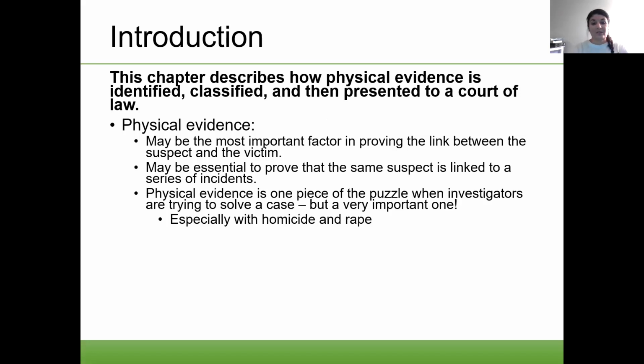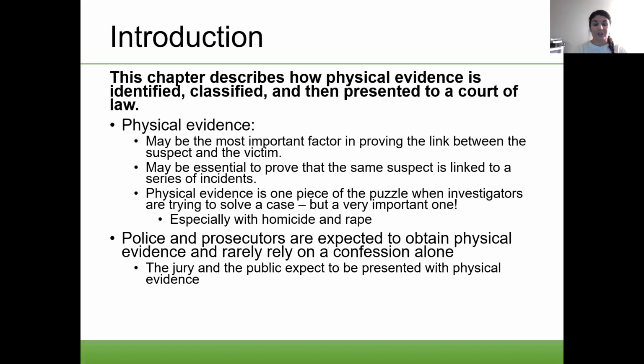But physical evidence is just one piece of the puzzle when investigators are trying to solve a case, but it is a very important one, especially with homicide and rape. And there's a lot of physical evidence that they could get that would be very productive and helpful towards their case.